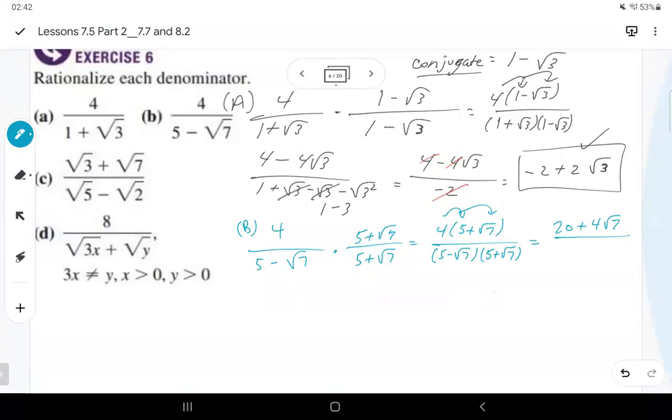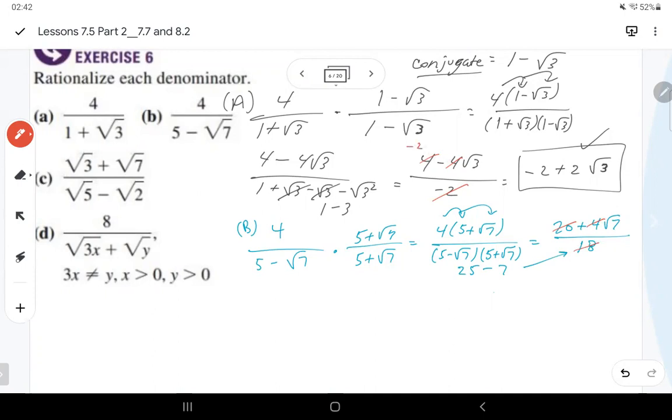Nope, 18. So 25 minus 7 gives us the 18. And then everything can be reduced by 2. So divide by 2, divide by 2, divide by 2.